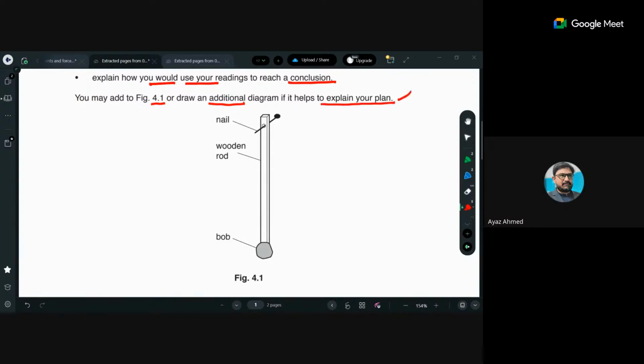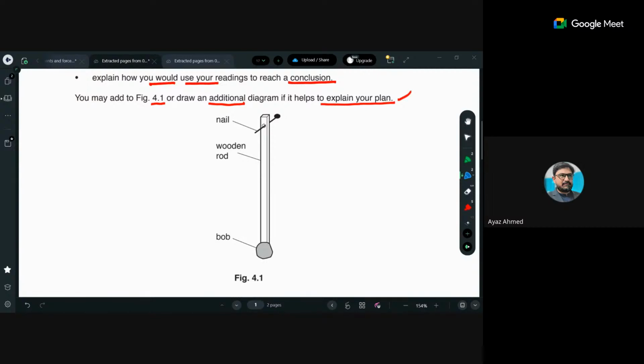So what would be your plan? This is a wooden rod, 80 centimeter long, and it is fixed with a nail, and definitely it would be hanging on a table over a stand. And then there is modeling clay which acts just like a pendulum bob. So what will you do?